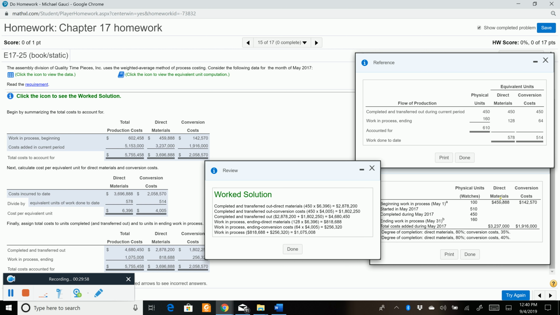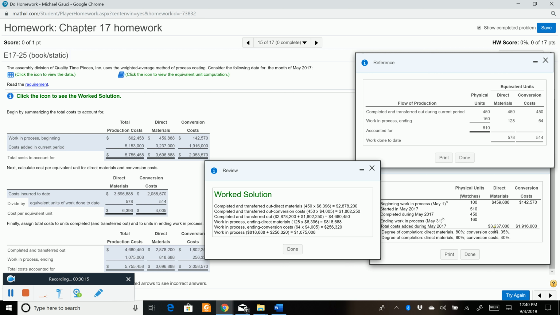So our beginning WIP, we can say, was direct materials $459,888. That was given to us. And the conversion cost, $142,570. So in our beginning WIP, $602,458.